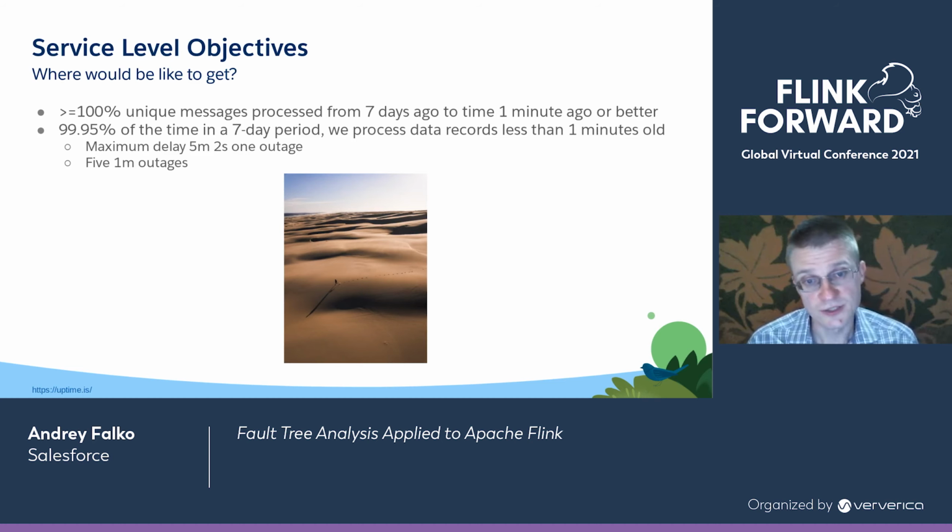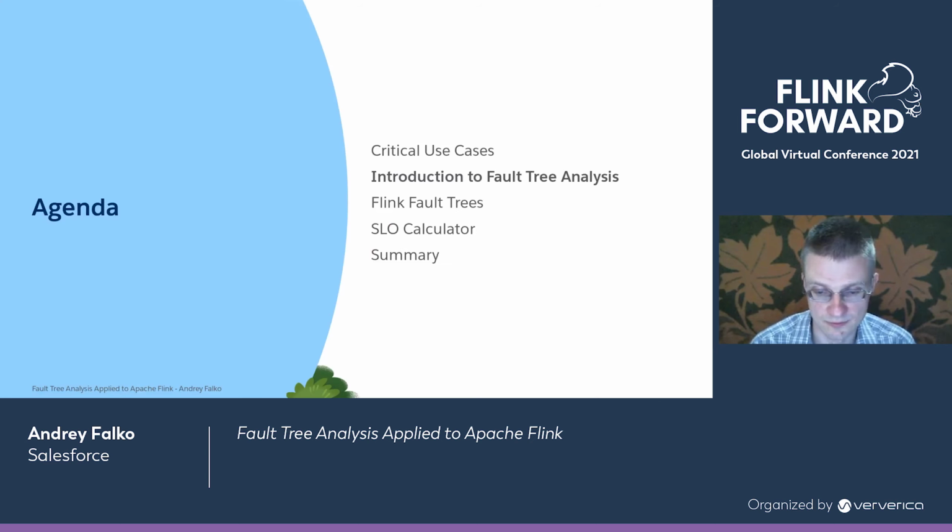For data freshness, we say 3.5 nines and less than 1 minute delayed. This gives us an error budget of about 5 minutes within the stated 7-day period, or roughly 5 1-minute outages. Before we explore what it takes to achieve these SLOs, let's learn about fault tree analysis.